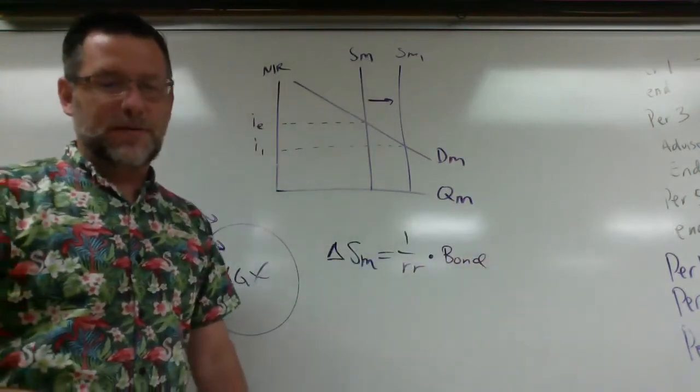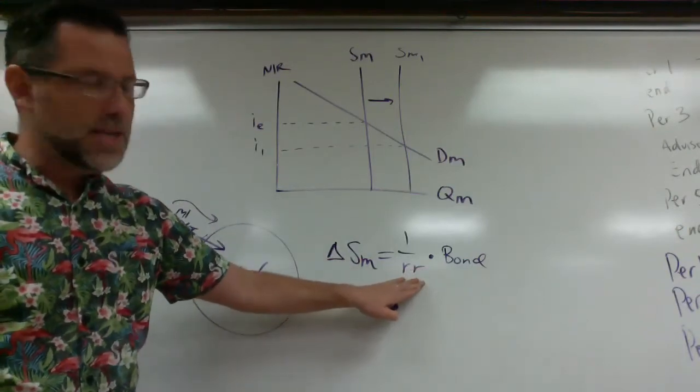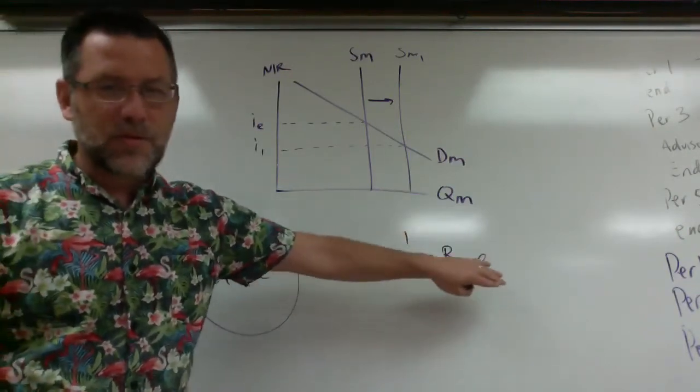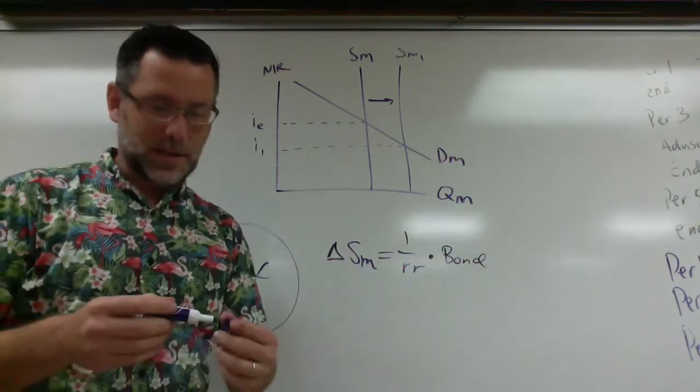So if it was a $5,000 bond, and the reserve ratio is 10%, then our multiplier is 10. So it would be $5,000 times 10, a $50,000 change to the money supply.